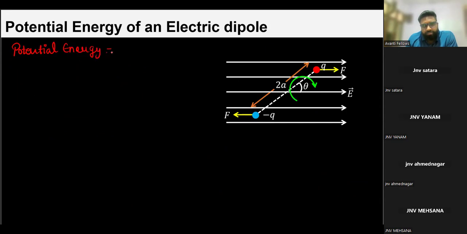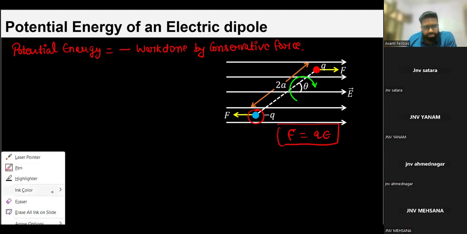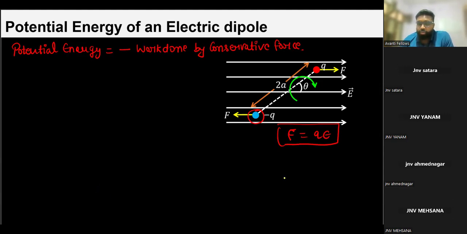is equal to minus of, always remember, minus of work done by conservative force. Okay. What is the conservative force here? This electrostatic force, F is equal to QE. In the very first lecture of the starting of electrostatics, I told you about Coulomb's law.